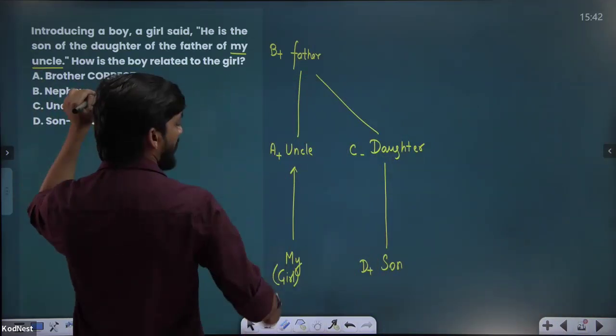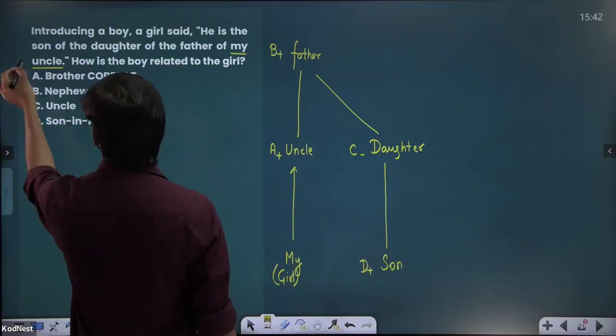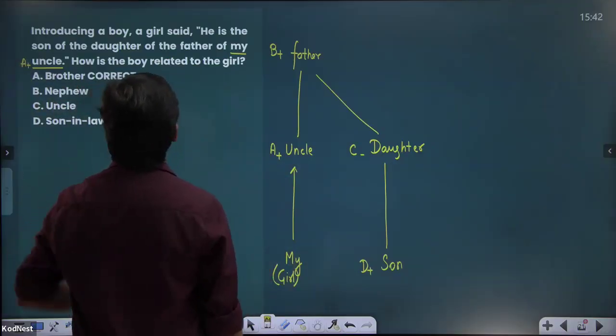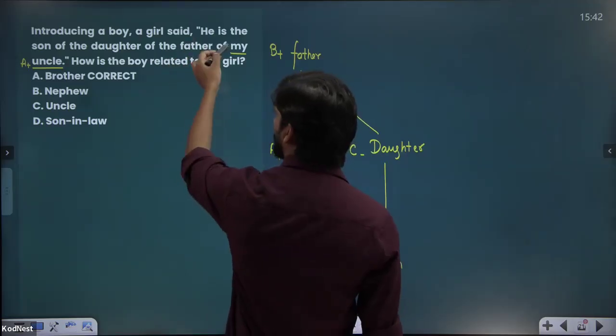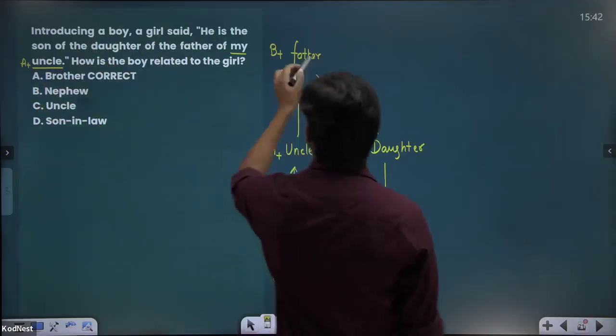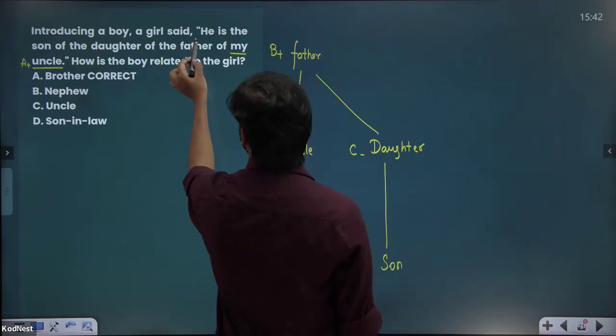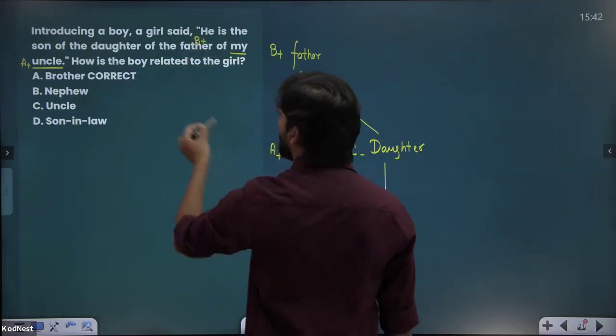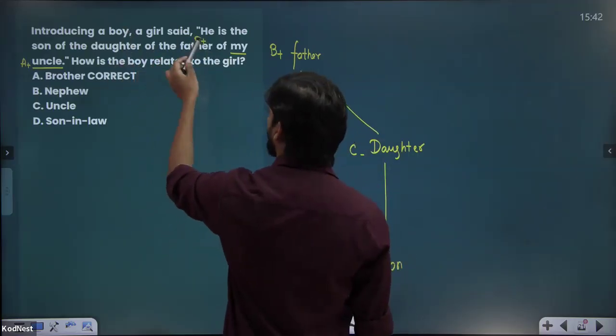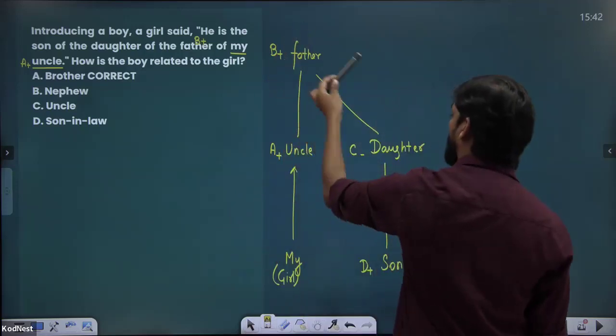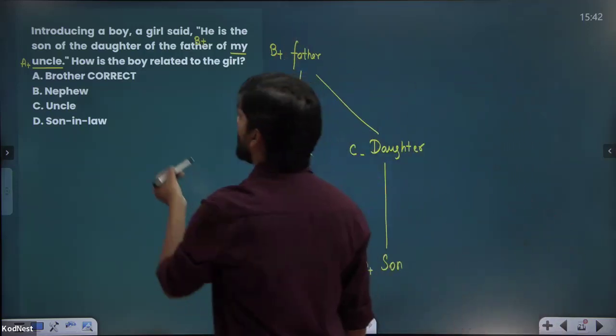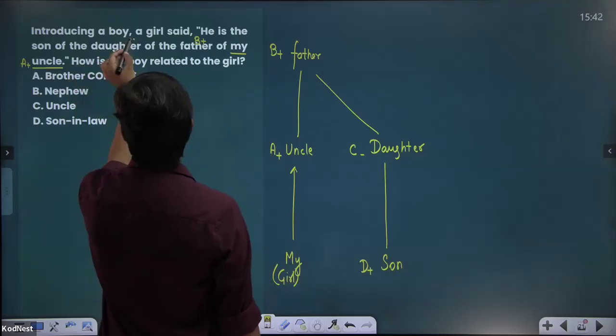My uncle, my means girl, uncle we are representing as A plus. After that, I have to show father of A plus. Father of A plus we are drawing as B plus. Then we have to show daughter of B plus. So daughter of B plus will be one generation below. Daughter we are representing as C minus.